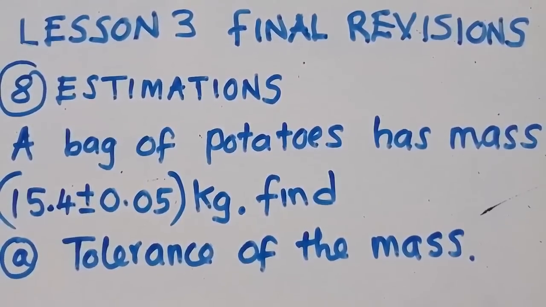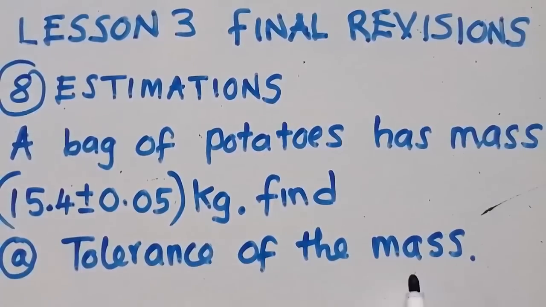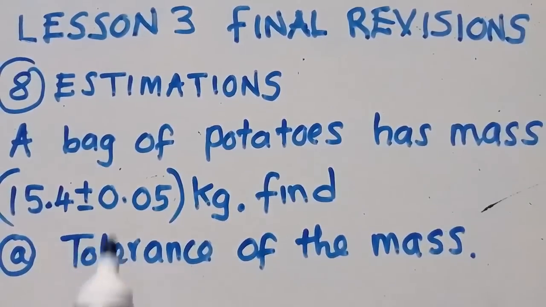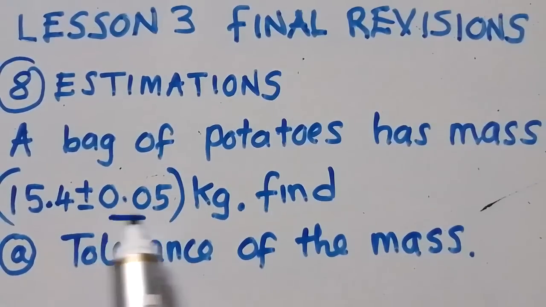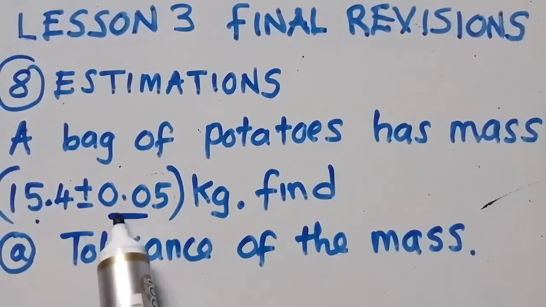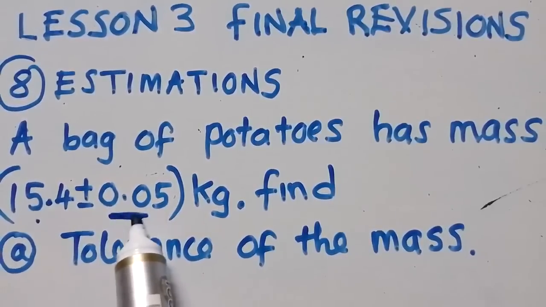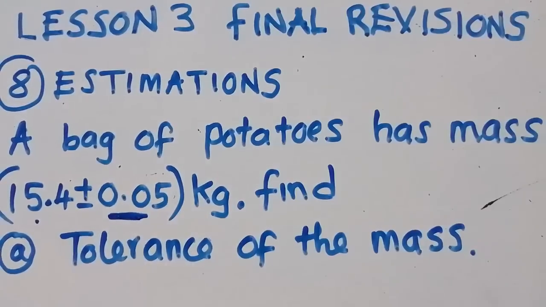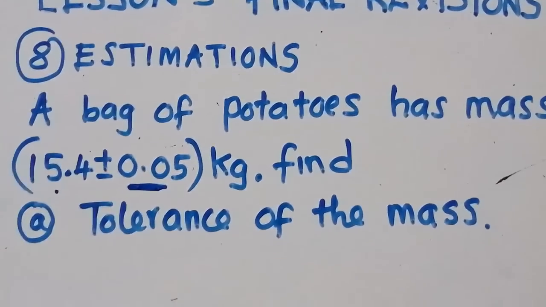Okay, so the first question is telling us to find the tolerance of the mass. How can we find the tolerance of the mass? This thing which is given here is called the absolute error. So how do we find the absolute error?